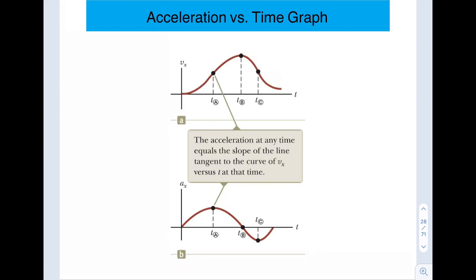Then acceleration is negative here, at t equivalent to tc. When the velocity is decreasing in the positive x direction, it reaches the most negative value at tc. It's decreasing, so the slope is negative, that is why it's a negative value.